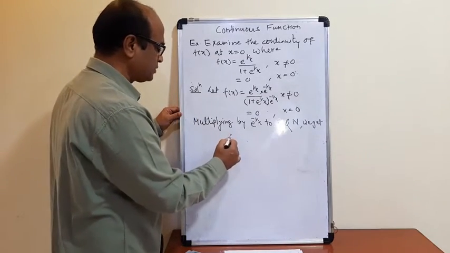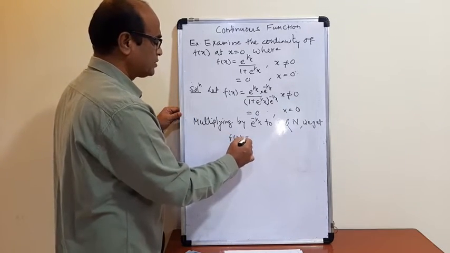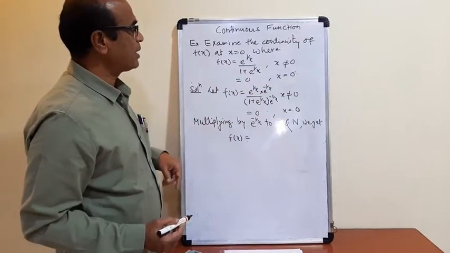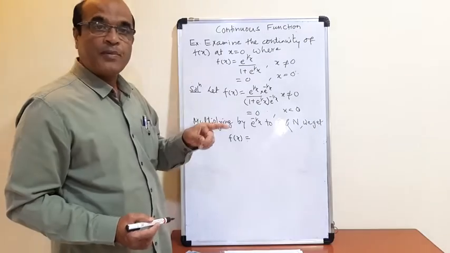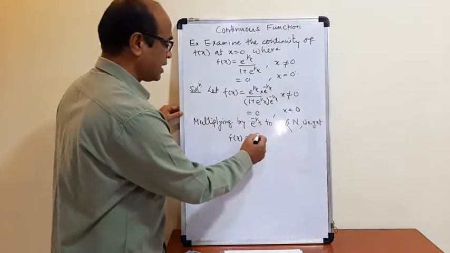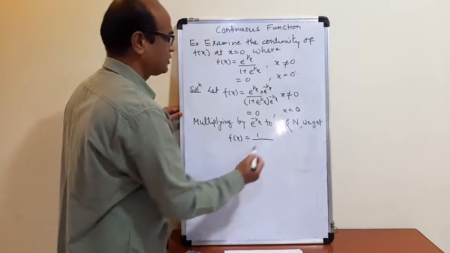So f(x) is equal to e raised to 1/x into e raised to minus 1/x, that is e raised to 1/x minus 1/x, so that is e raised to 0. So that is 1.